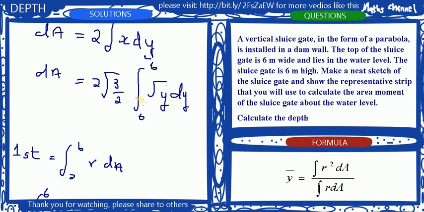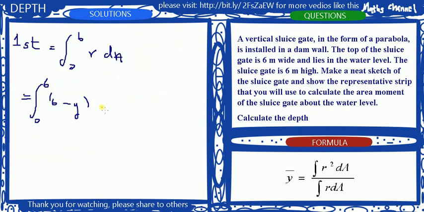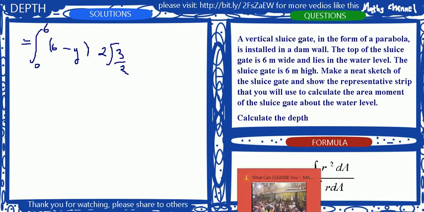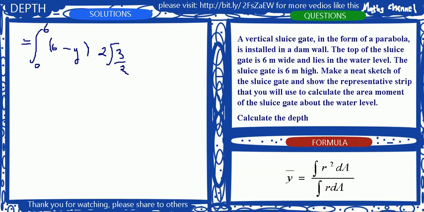Alright, but now we remove the integral because we already have the integral here. So we'll put 2... dy.